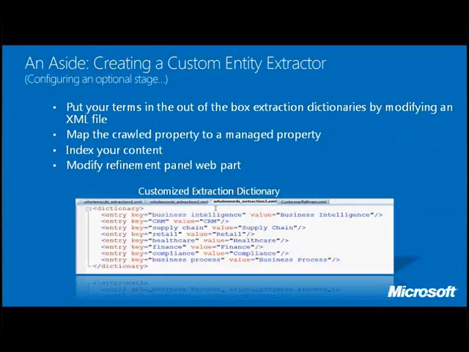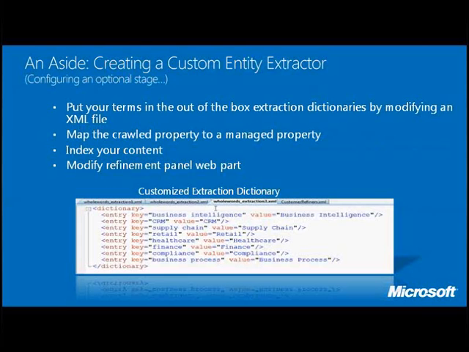And aside, creating a custom one. Okay, I mentioned that there are some that you can do that are provided as a standard mechanism within the product. An example of how to do that, you've got an example XML snippet there where we're defining some entities like business intelligence or CRM, supply chain, and we want to capitalize that in a normalized way.